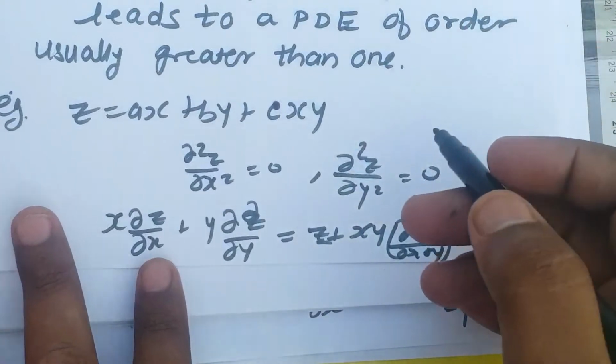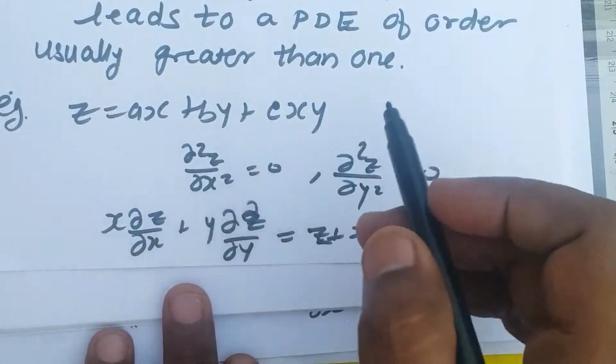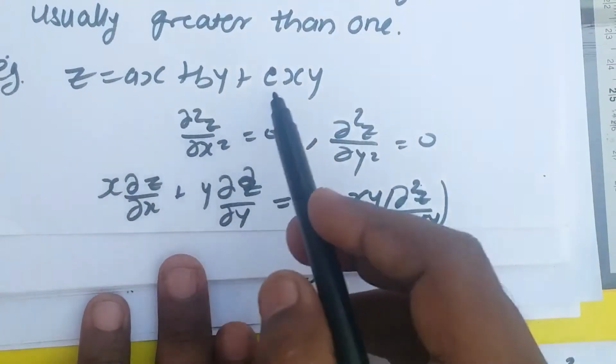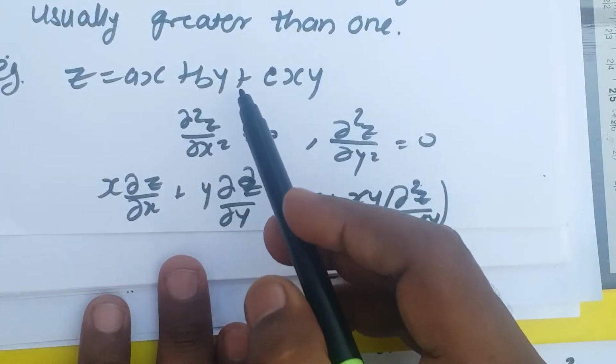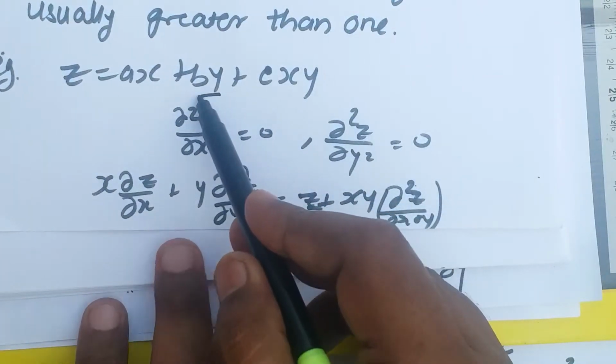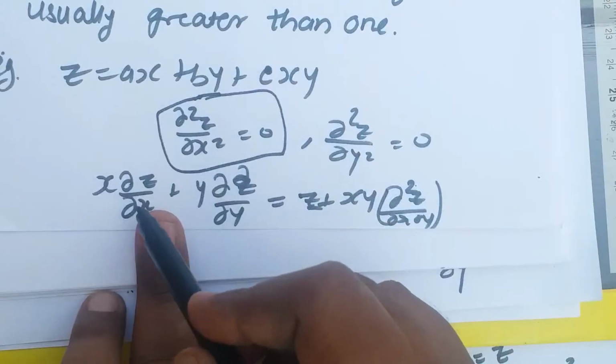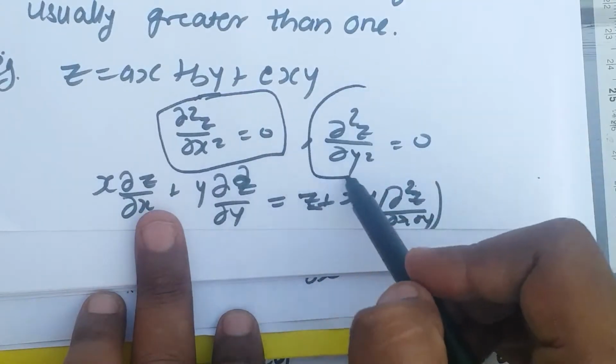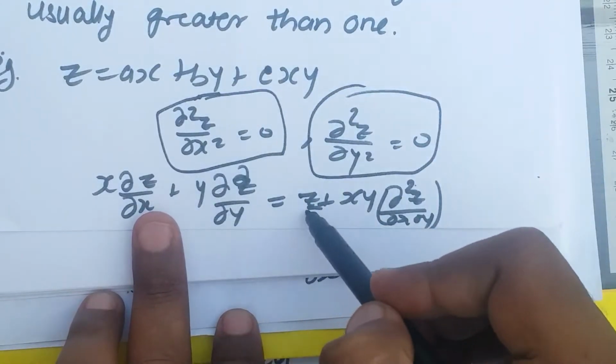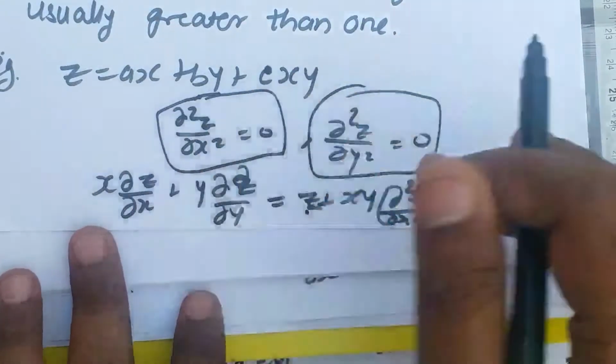Higher order partial differential equations we will get. So for this case, 3 different partial differential equations you will get. This is one, del 2 z by del x square equal to 0. This is another one, and this is another one. There are 3 differential equations we can obtain for this problem.